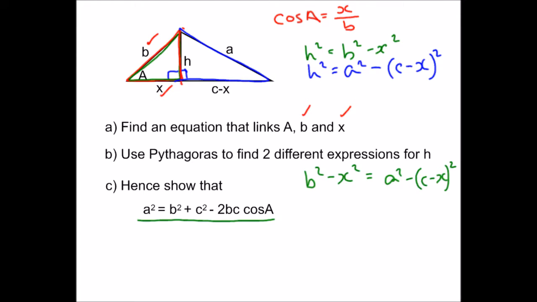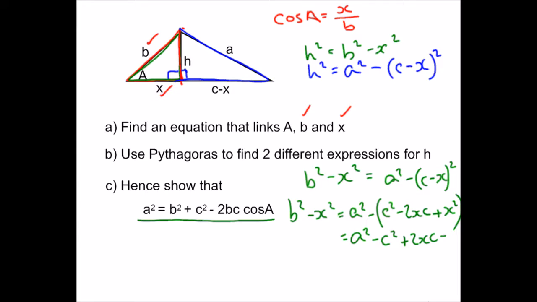The next step I'm going to do is I'm going to expand my brackets. So just be really careful as you're expanding your brackets not to make a mess of your minus signs. So I'm going to make sure that I put it all inside a bracket, and then when I write this out, I'm not going to make any mistakes, so I will end up with my plus 2xc and minus x squared.